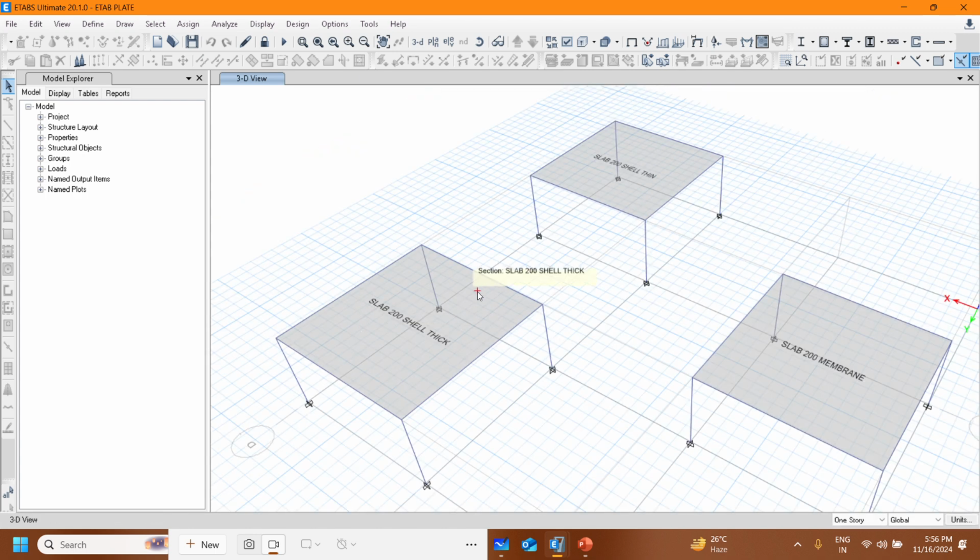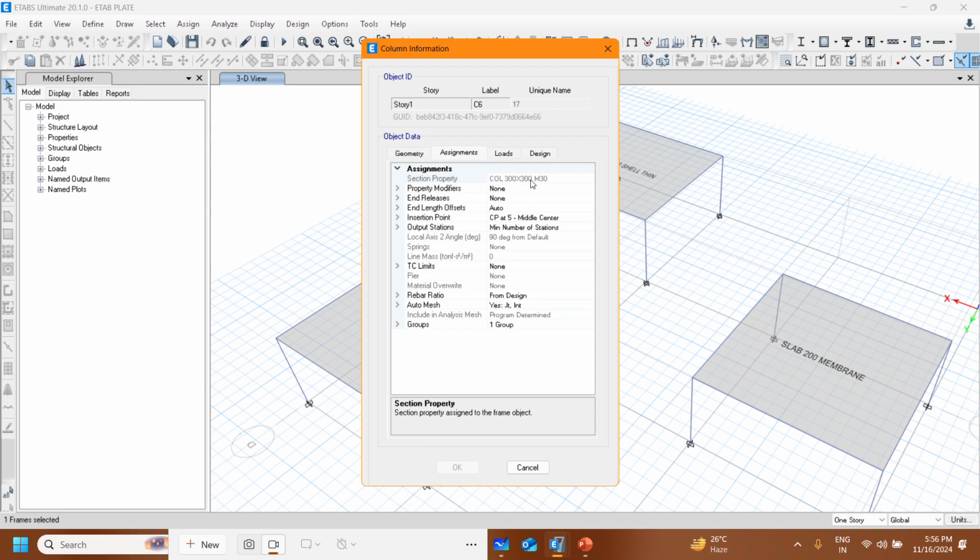So all three structures have the same element type, and the columns are also the same. Columns are 300 by 300 of M30 grade concrete.